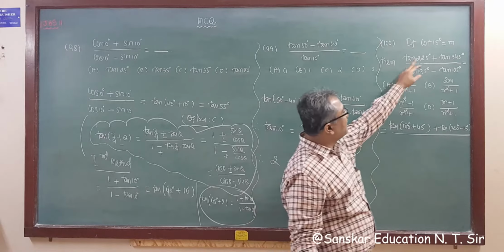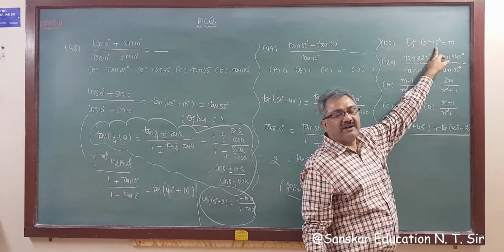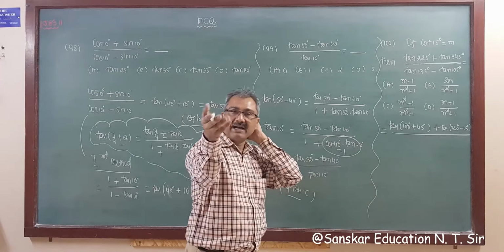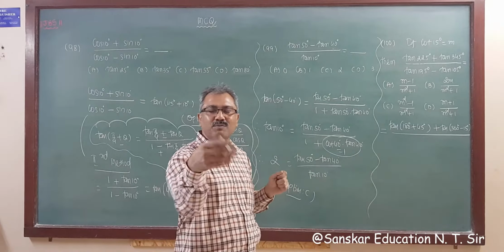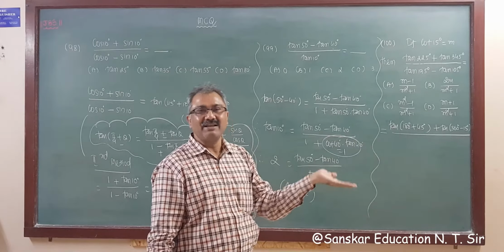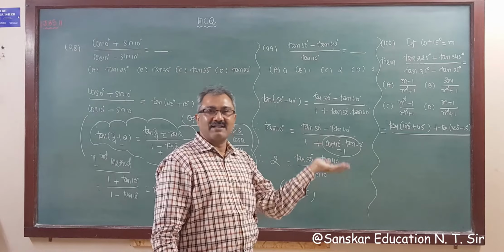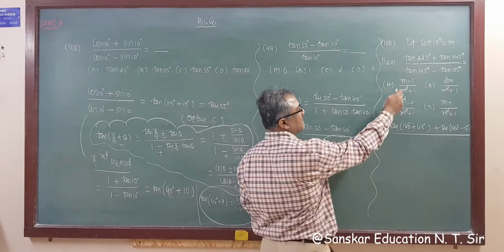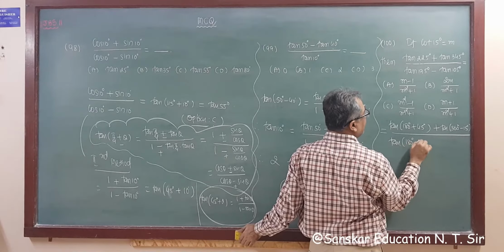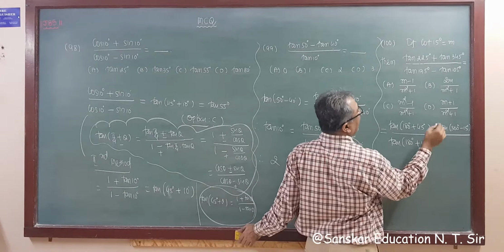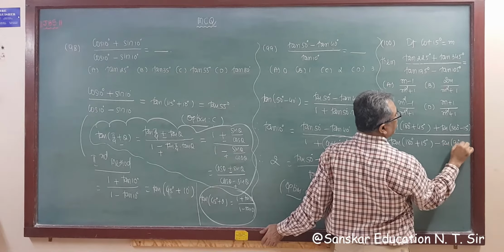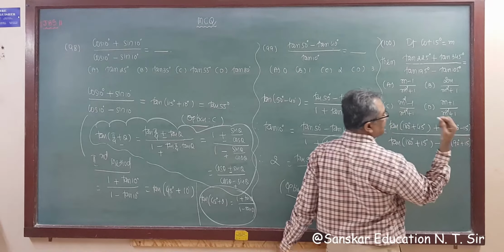So you have to convert these degrees into either 15 or your known value, right? That is pi plus theta, pi plus 2 theta, whatever it will be, 3 pi by 2 plus theta, pi, 180 plus theta, 270 plus theta, 360, 90 plus theta, 180 plus theta, 180 minus theta, like that. So tan 195 is tan (180 plus 15 degree) and tan 105 is tan (90 plus 15). This is the change, right?